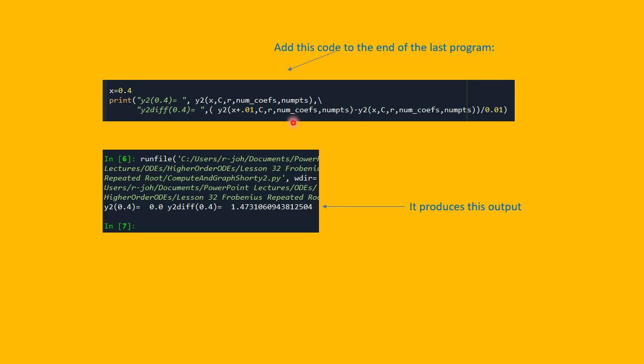When we execute the program with this additional code, we get as an output that y2 of 0.4 is 0, and the derivative of y2 with respect to x at 0.4 is about 1.4731.